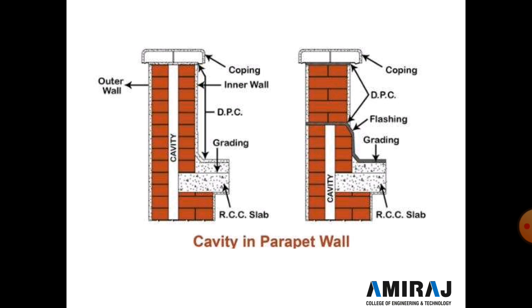And in the second figure, we provide a DPC, and after DPC we start the brickwork up to the coping. So here the cavities extend up to the flashing level or up to the RCC slab. So here is the cavity in a parapet wall.